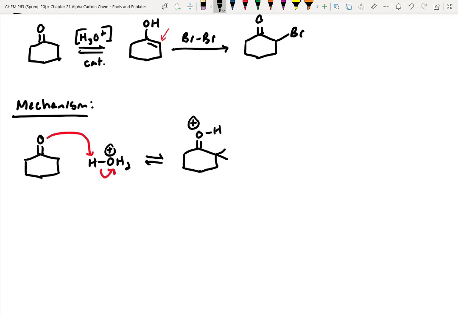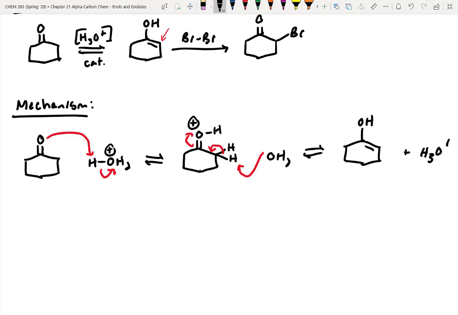And then we've got these alpha protons on either side. It doesn't really matter which one we grab because it results in the same product. But now water can act as a base and kick up electrons all the way to that oxygen. All right, so at this point, we've formed our enol and we've regenerated our acid.